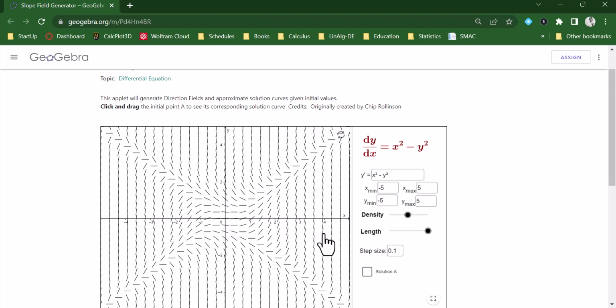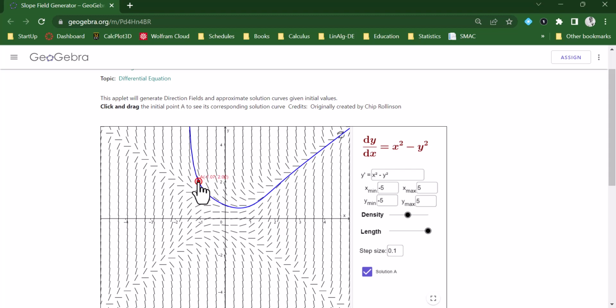Now, to actually get our solution for this particular program, I can click on a solution. It says solution A, and I can take that point and click and drag that point to the actual point that we want. I think the point that we want is -1, +2, which is closer.